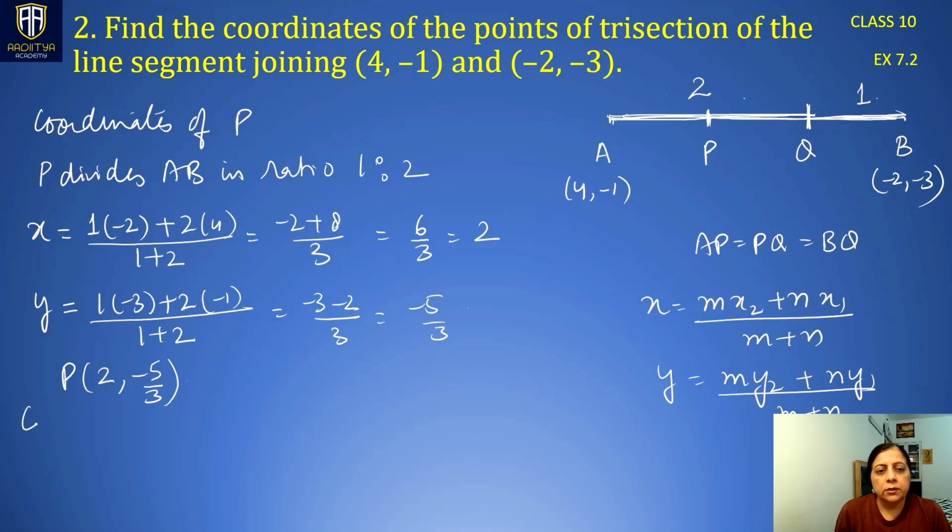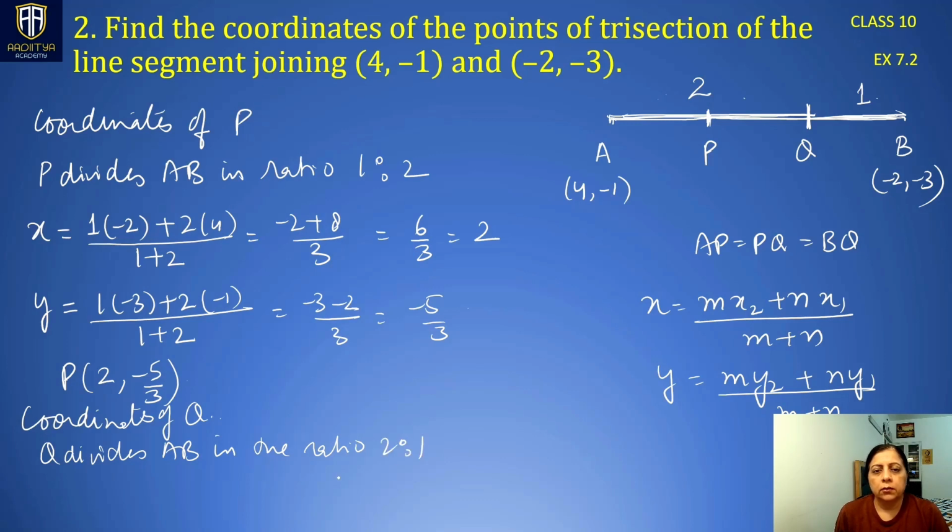So for coordinates of Q, we can write Q divides AB in the ratio 2:1. So for coordinates of Q, I am writing X is equal to 2 multiplied by -2.